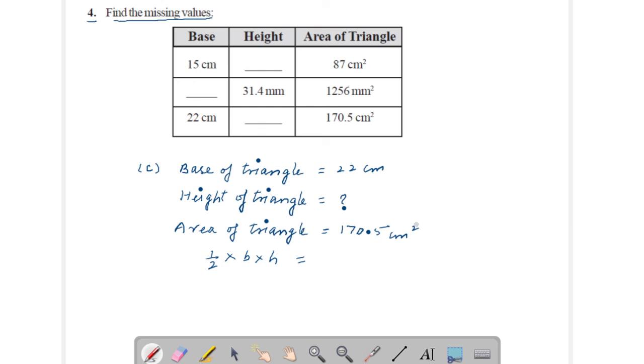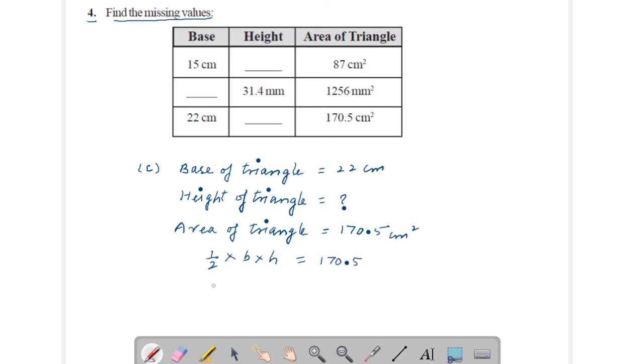Here area of triangle, it is half into base into height, it is equivalent to 170.5.